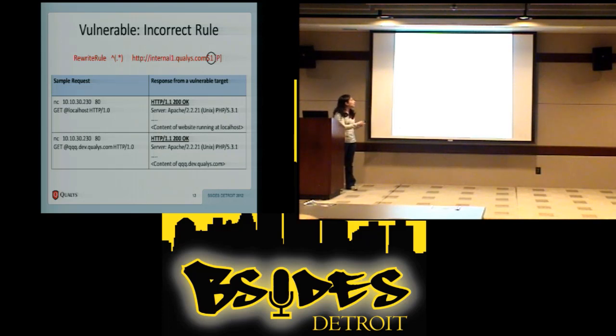Now the vulnerability states that if your rule is incorrectly configured, an attacker can access systems on the internal network. Let's see how. Now I'd configured a vulnerable target, and on that vulnerable target I had the Apache configuration file to have the incorrect rule.